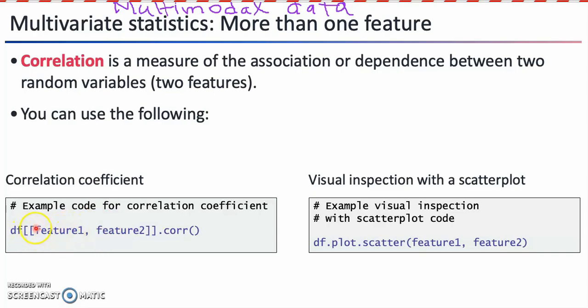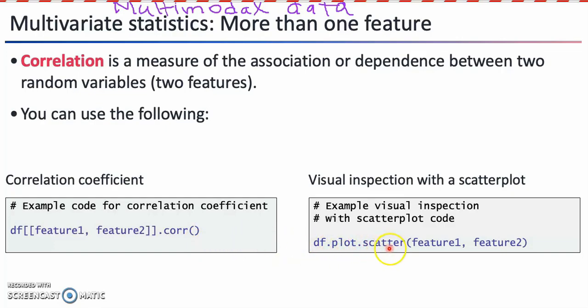But very important, just look at the syntax here. This is enclosed with double square brackets. Okay, so it's the opening and ending double square brackets over there, and then the method that's used here is like the short of correlation. So it should be a straightforward method to remember.